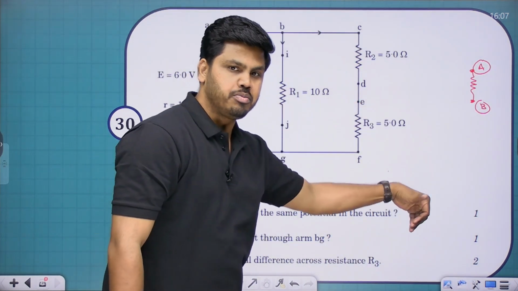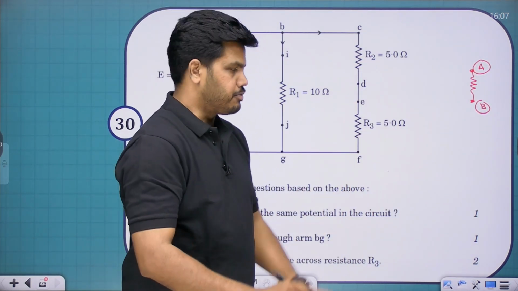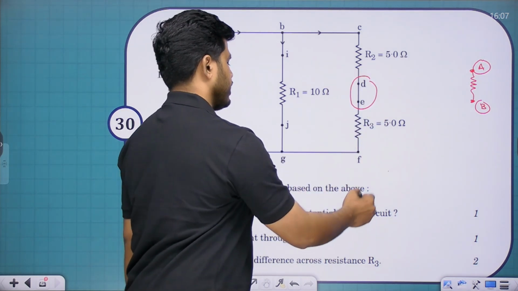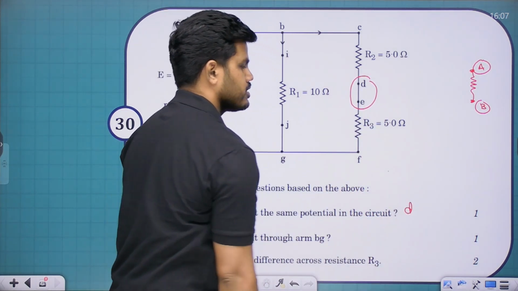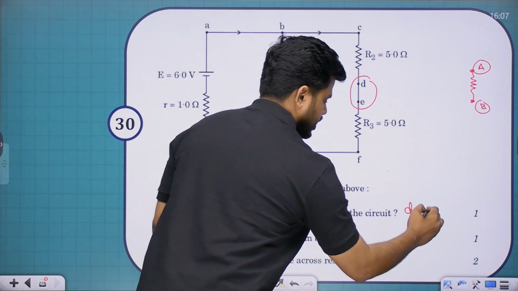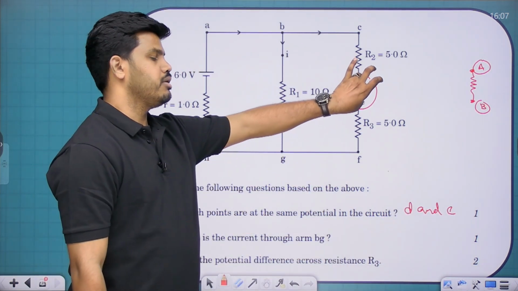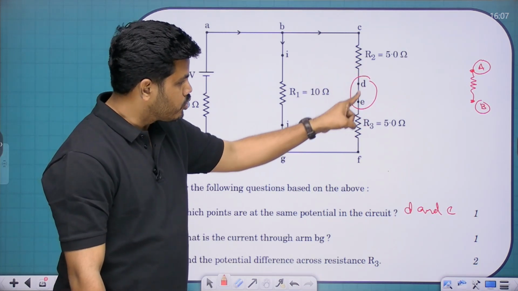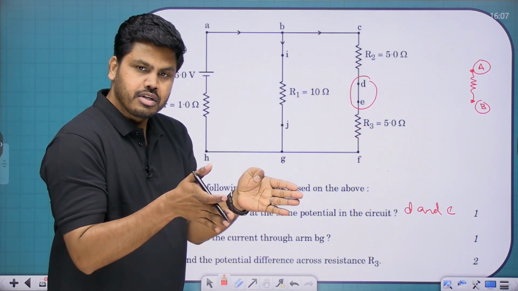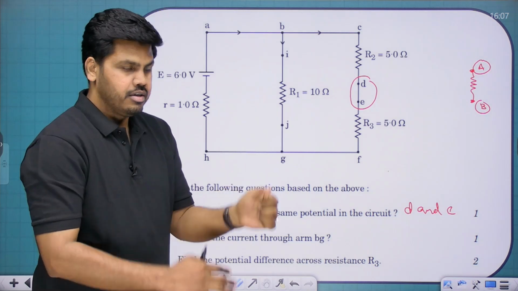Because current is flowing from A to B, high to low. Look at these 2 points D and E. Is there any resistance connected in between? No. So D and E are 2 points at the same potential, because there is no resistor connected. Whenever there is a resistor connected, there will be a potential drop across it.